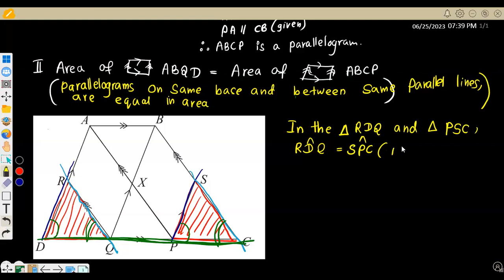DA parallel to PS, the corresponding angles formed.